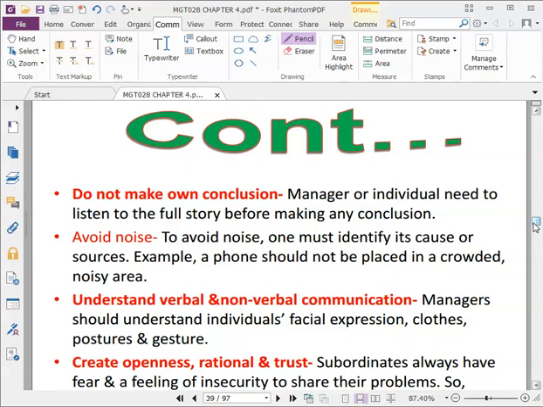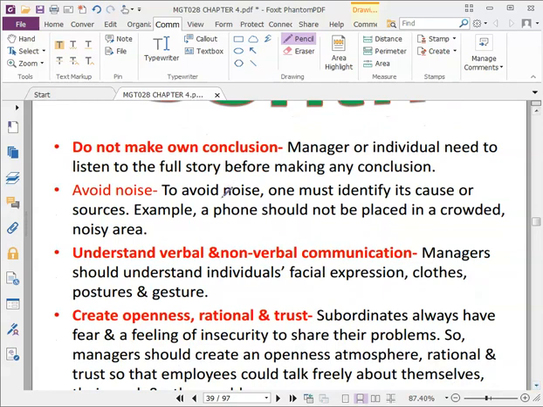So, lagi apa? Understand verbal and non-verbal communication. Okay, manager should understand individual facial expression, close posture and gesture. Okay. So, contohnya, kalau tengok macam mana kalau muka orang tengah sakit perut.